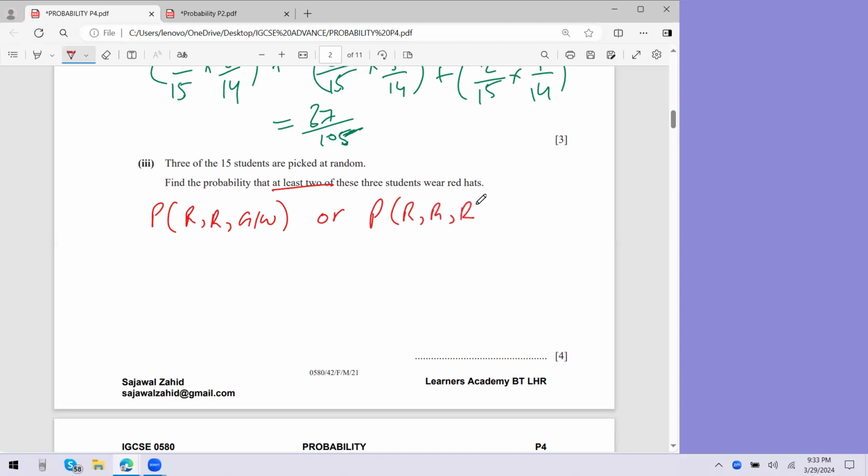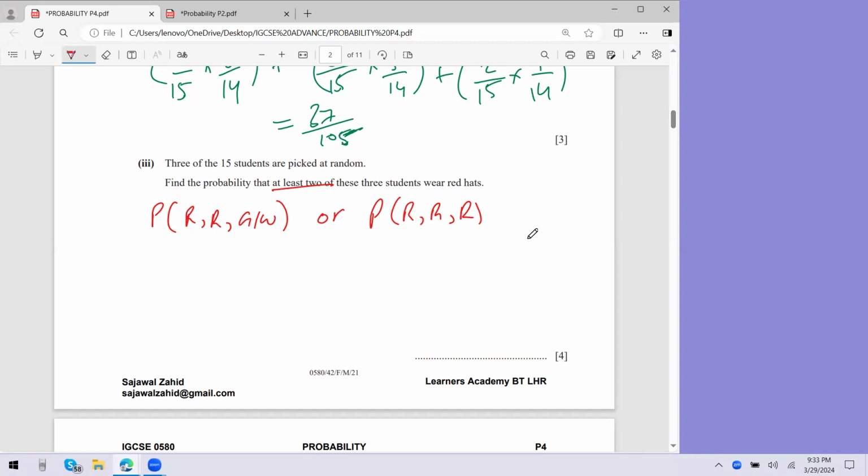I think we don't need to use the previous one, 1 minus that elimination. This time this is shorter. So it depends on the question which method will be shorter. No other possibility, right? Either two are red and one green or white, or all are red.